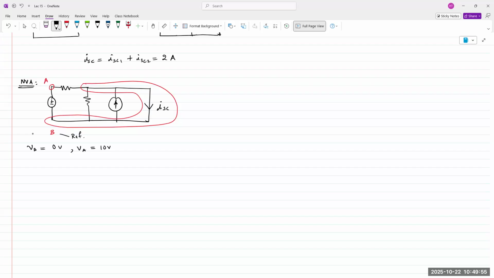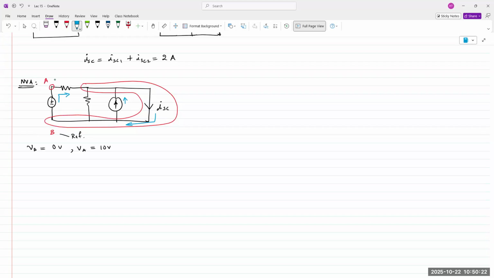What do we have? We apply KCL at B. I have one current going this way, and I have ISC that's coming down, and so it's going this way, right? And then I have this 1 amp current that's also coming up into that node.